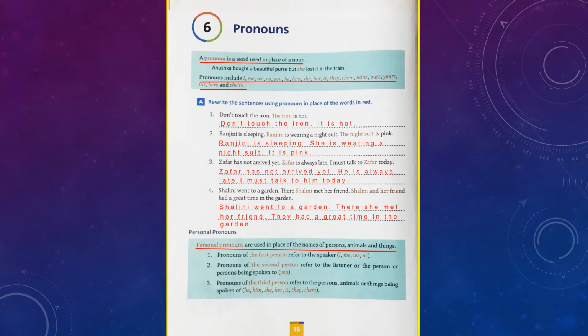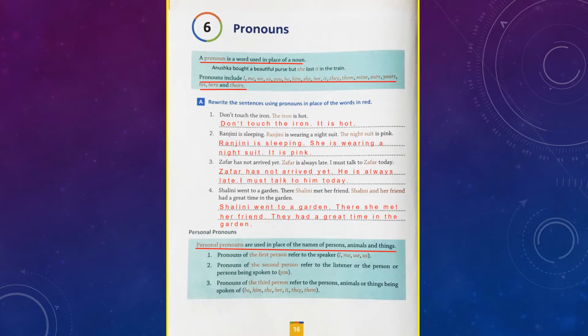So these are different types of pronouns in general. Now, if you have recapped and seen yesterday's video, there are many types of pronouns. Okay, so we'll be taking one pronoun and its exercise in this video.